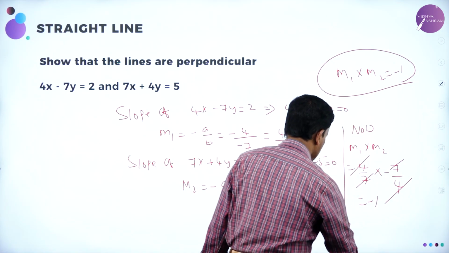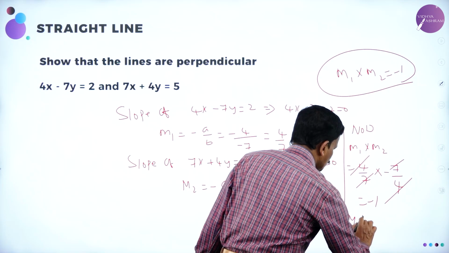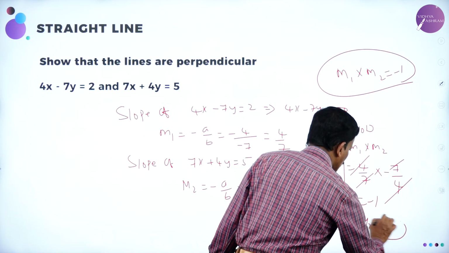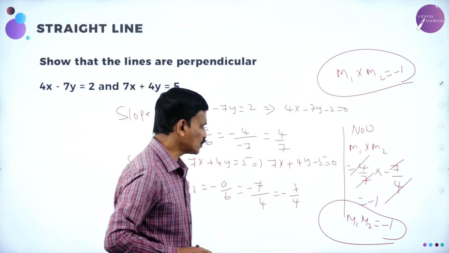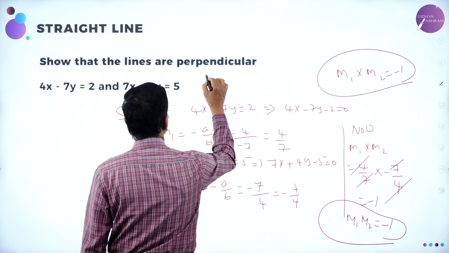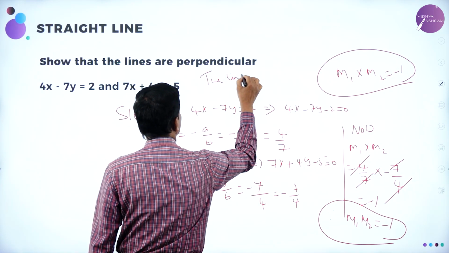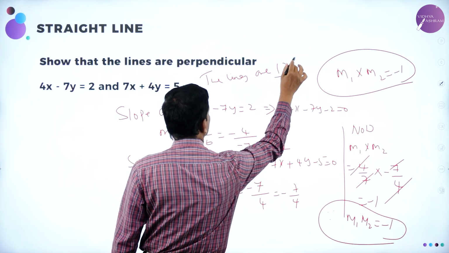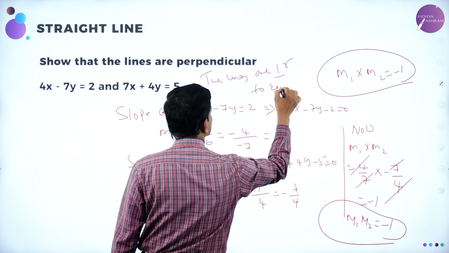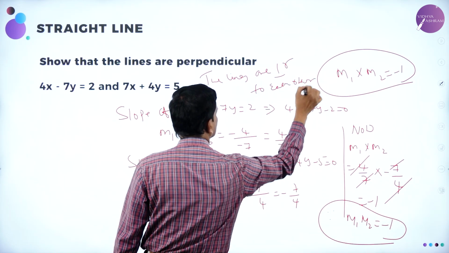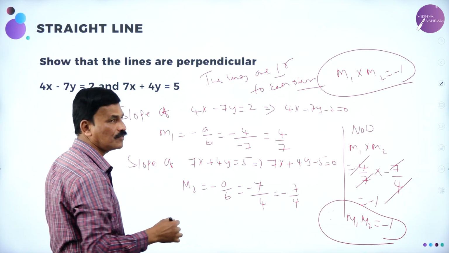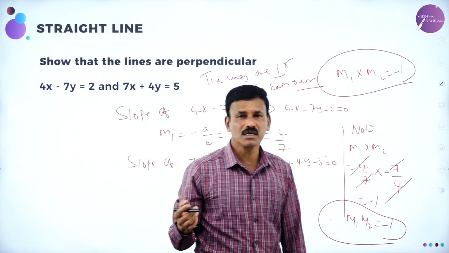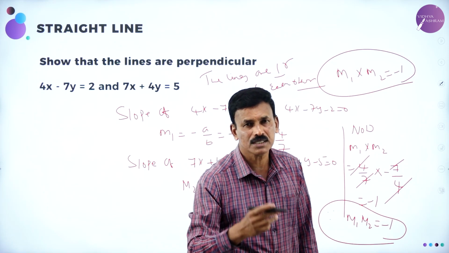This is equal to minus 1. Since the product of slopes is equal to minus 1, the two lines are perpendicular to each other.